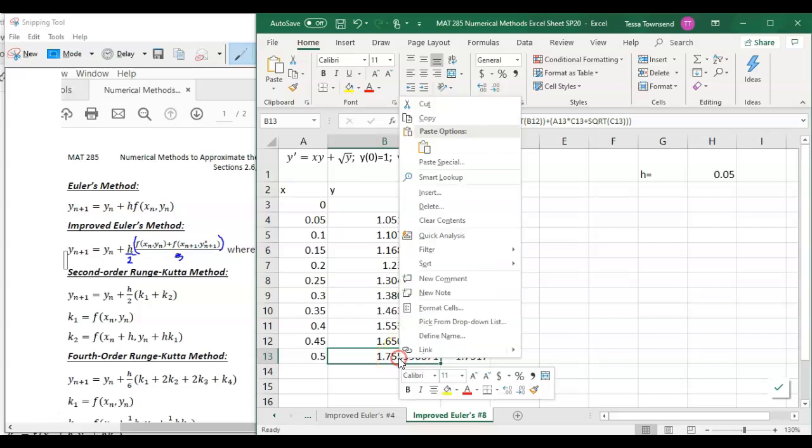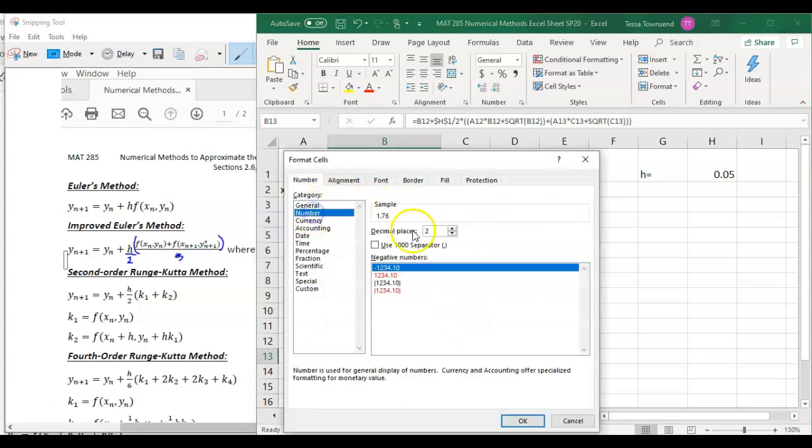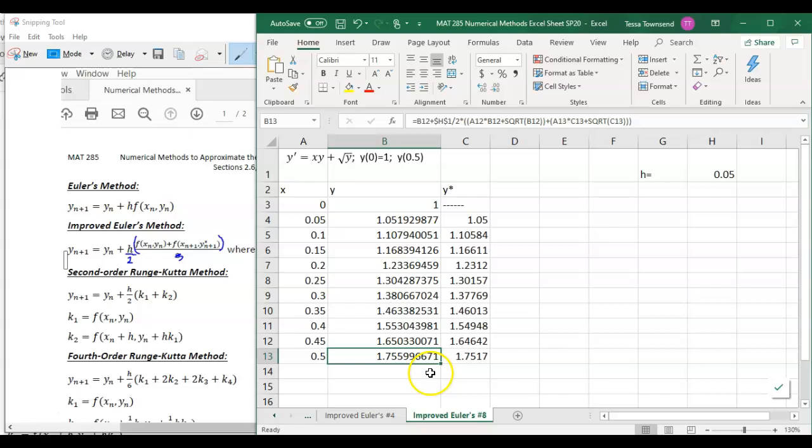And we could always change that if we go to format cells and then number. You can change to however many decimal places you want. If we wanted 30, we could do that. Notice the zeros here, which means it hasn't computed anything that far out yet. So we wouldn't see a difference there.